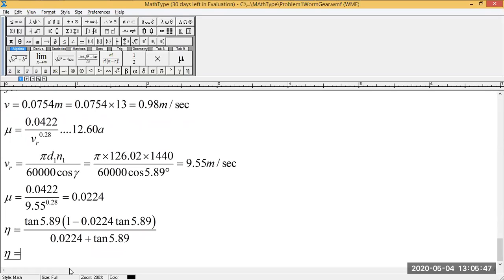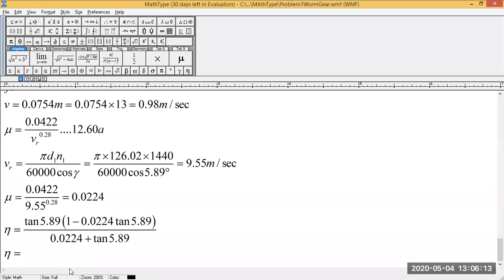Okay, calculate quickly. Let's see how much you get. 5.89. 1 minus 0.0224 tan 5.89 over 0.0224 plus tan 5.89.